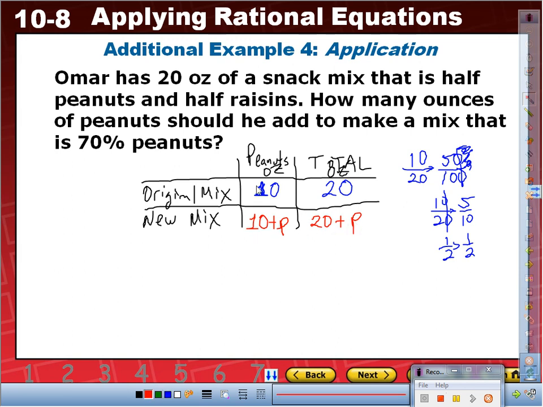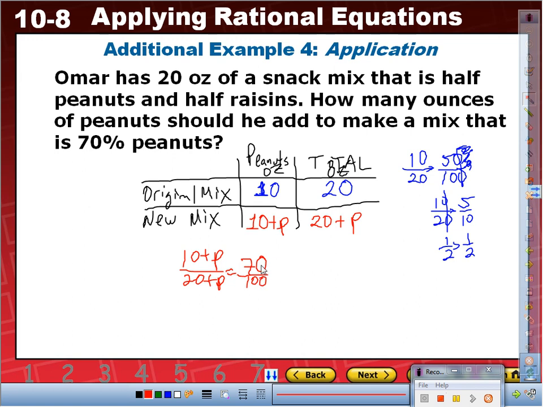So if here, to write it as a percent, I wrote 10 over 20 equals 50%, my new mix will be what? 10 plus P over, and what is that equal to? 70. But instead of 70%, what do I write? Over 100. Does everybody see that?